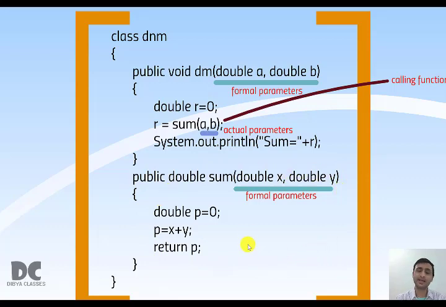Next, we studied about how a function can call another function, also known as invoking another function. We can call another function by the function name followed by parameters, or followed by arguments, you can say. Like here, DM is calling the function sum. How? By taking the name of the function, that is sum, followed by parameters.